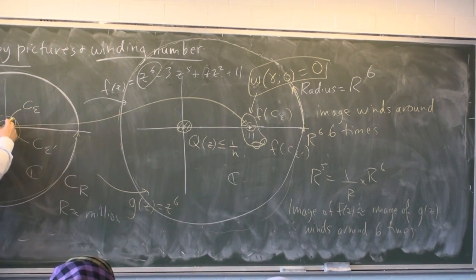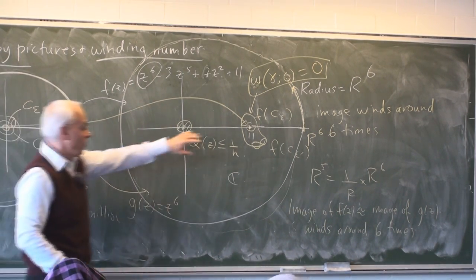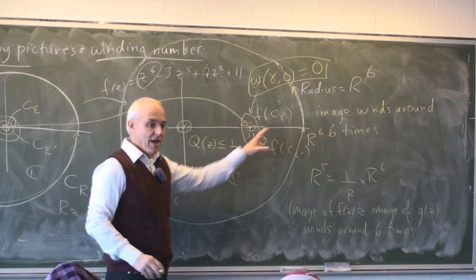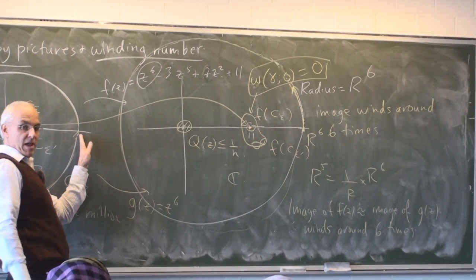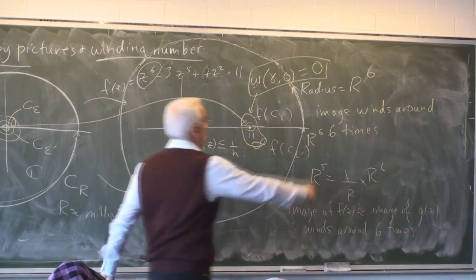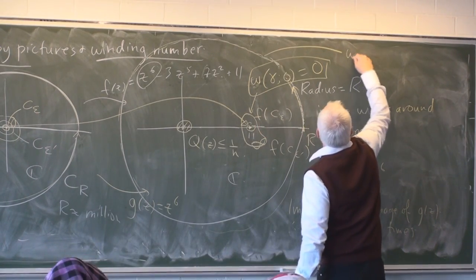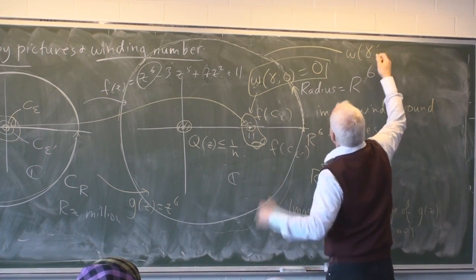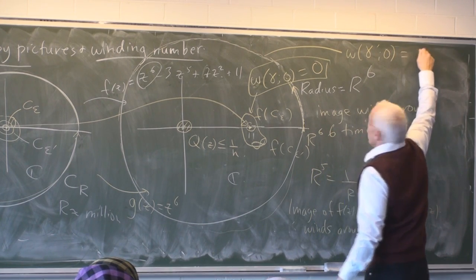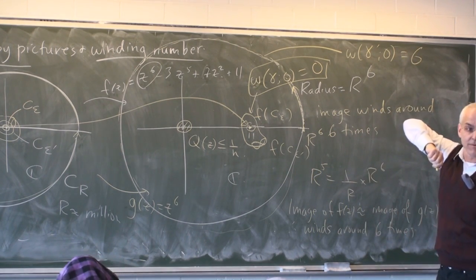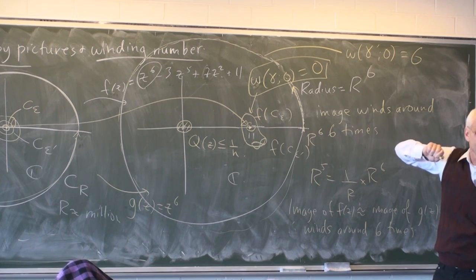And now we're increasing this gradually, gradually, gradually. The curves are doing something. And finally, when we get to this very big value, our big image has winding number, let's say gamma prime, equal 6. It's gone around 6 times.